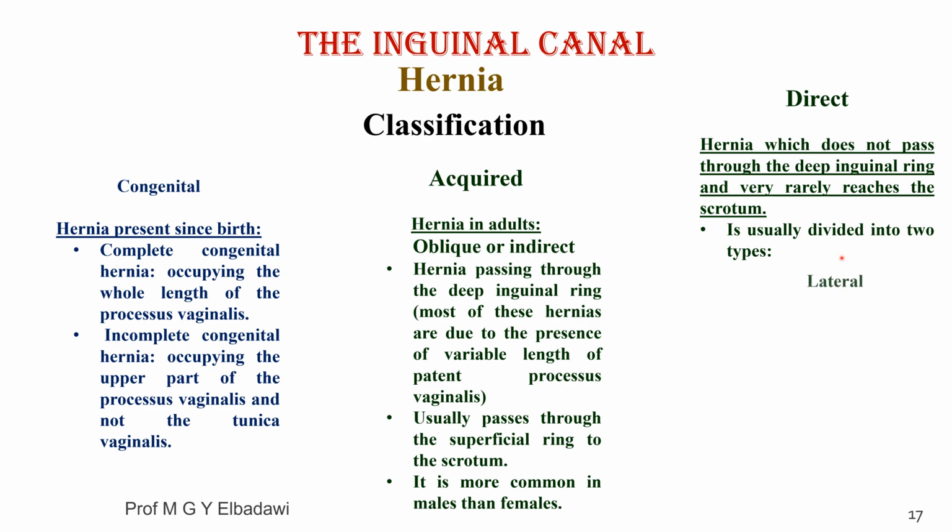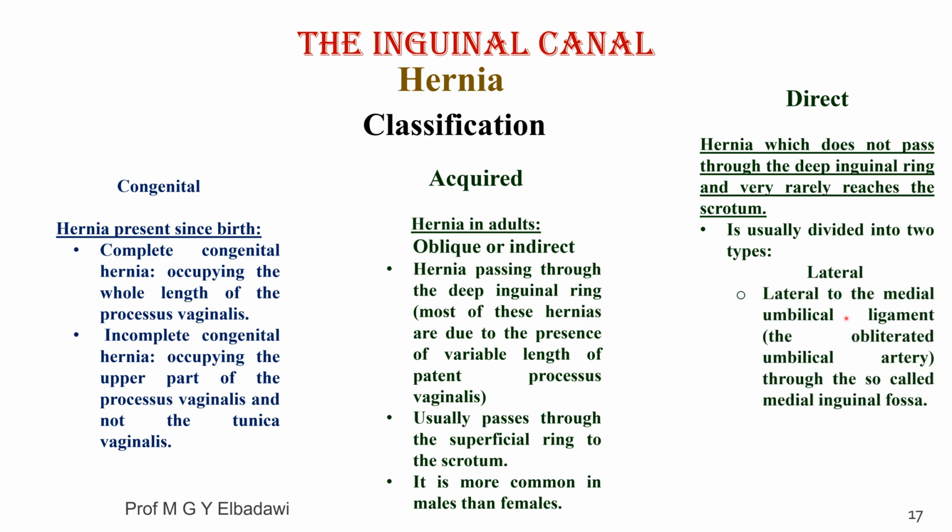It is usually divided into two types: the lateral one, which is lateral to the medial umbilical ligament, which represents the obliterated umbilical artery, through what we call the medial inguinal fossa. And the medial one is medial to that ligament, through what is called the supravesical fossa, medial to the other fossa.